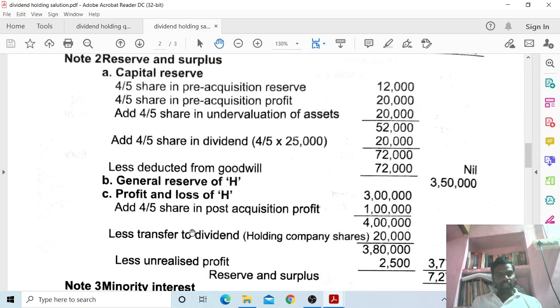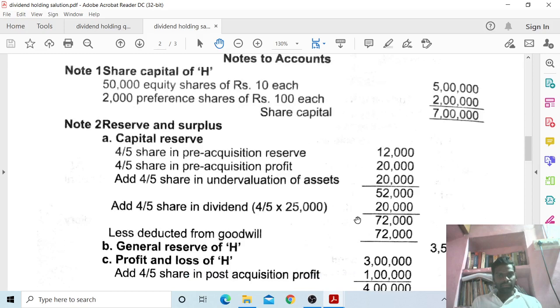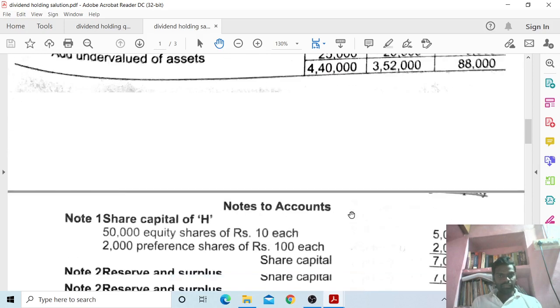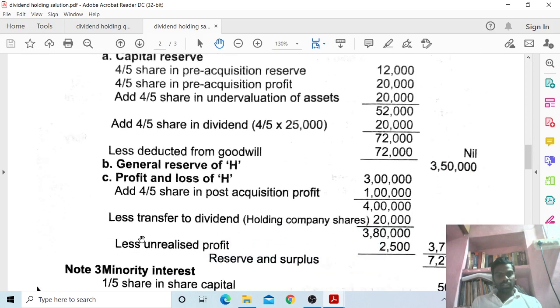Here 4 lakh less transfer to dividend, holding company's share 20,000 dividend, 4/5 of the dividend. So I have to take 3,80,000.